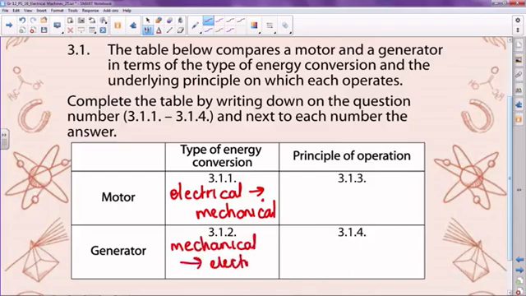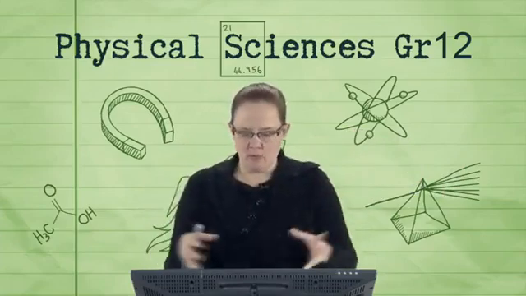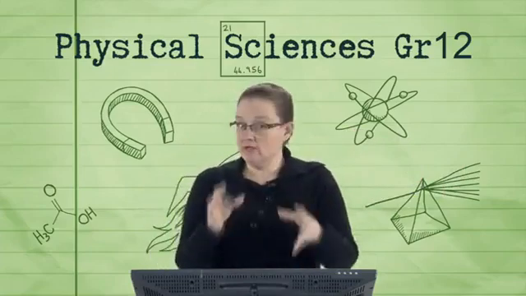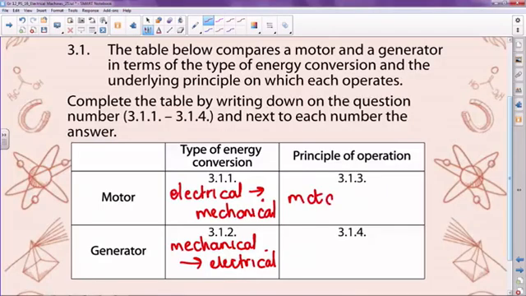It's the opposite, okay? Easy for the first two. Now the principle of operation. And this one becomes a little, ooh, what is it? But this I did right at the beginning when we looked at that flow diagram, or when we put all the words together on that one page. A motor, now wait for it, this is important, works on the principle of the motor effect.